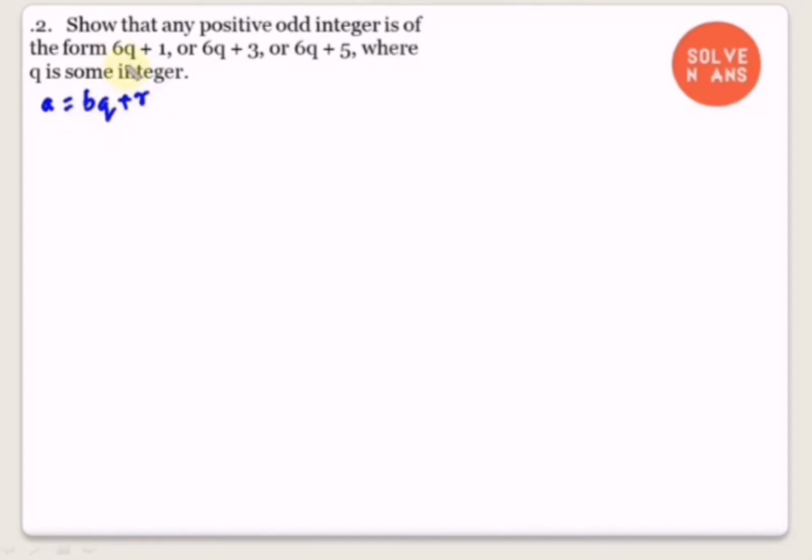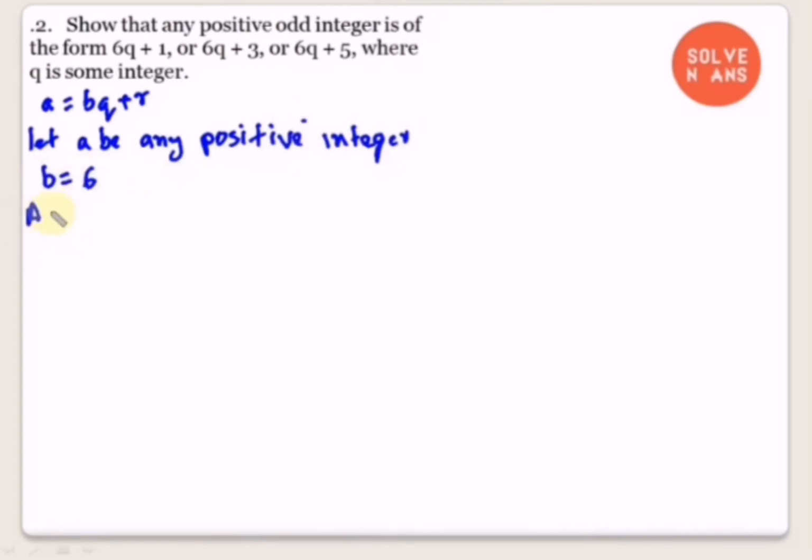The value of b is 6, and the remainders given are three, and we have to prove that they are odd positive integers. So for that, start with a first. Let a be any positive integer, and b is 6.